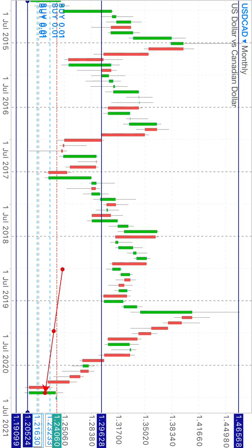So I will be expecting the market to continue going up, because on the monthly time frame we have a reversal candlestick pattern, which is a bullish engulfing bar, right?